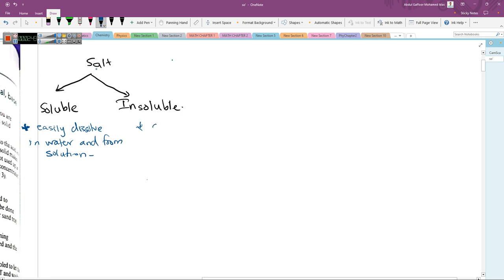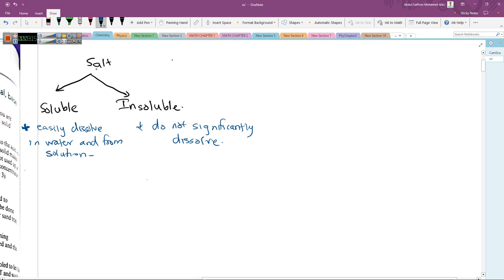They do not significantly dissolve. Now we have to look at some examples for soluble and insoluble salts. So I will tell you all the examples. Salts that are soluble are, for example, sodium, potassium, and ammonium salts.